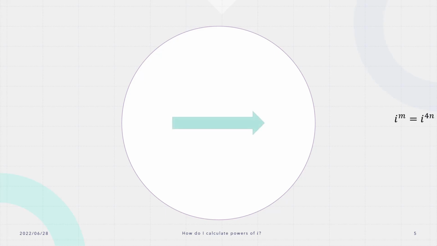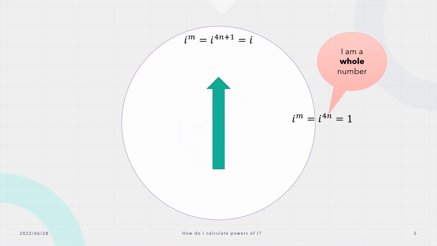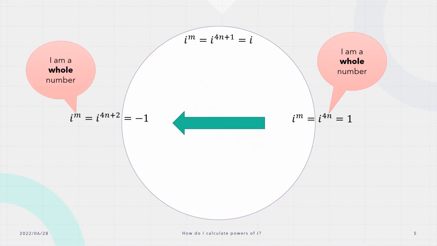Since I'm going in circles, let me use a circle to represent this. For all m and n that belong to the set of whole numbers, i to the power of m is 1 if m has the form 4n. i to the power of m is i if m has the form 4n plus 1. i to the power of m is negative 1 if m has the form 4n plus 2.